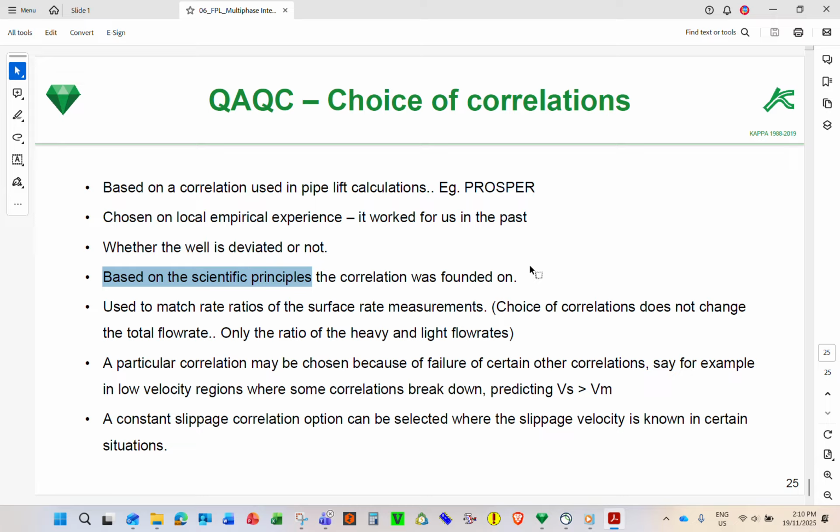But then you need to know the limitations of the surface rate as well. In Petronas, for example, the gas is not dependable at all. But liquid is usually pretty good because they use a separator or an MPFM, multi-phase flow meter, so it's usually pretty accurate. But of course, you might compare.